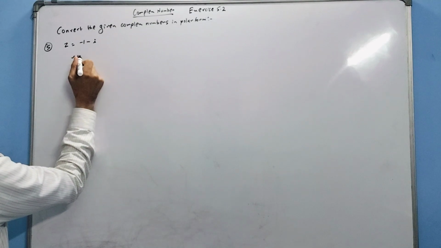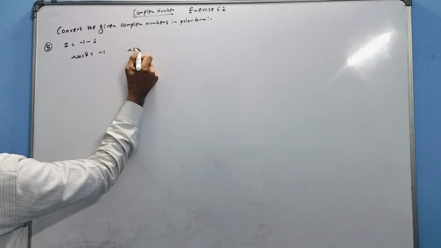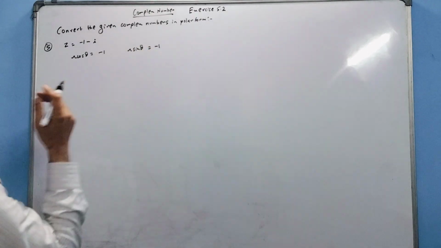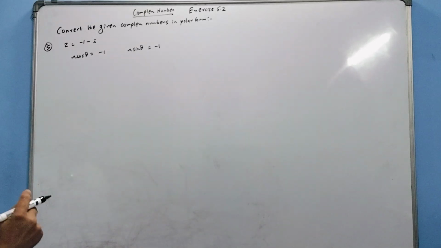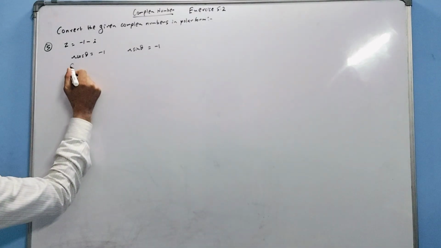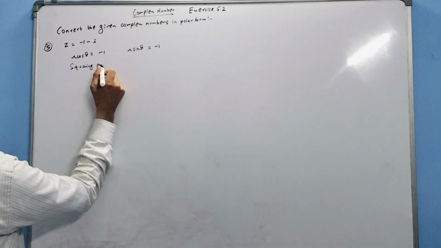First of all, we will find r cos theta is equal to minus 1 and r sin theta is equal to minus 1. Now both are negative. The first step is squaring and adding.